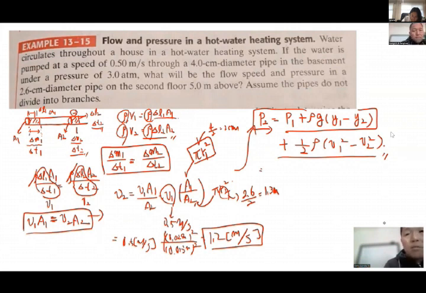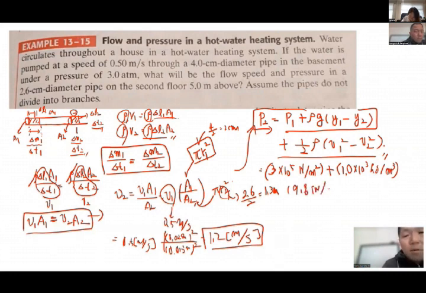Now we know the pressure at the basement is 3 ATM, so that is 3 times 10 to the 5 Newton per square meter, plus rho, which is 1.0 times 10 to the 3 kilogram per cubic meter, times 9.8 meter per second squared, times the height difference, y1 minus y2, which is minus 5 meter, right?